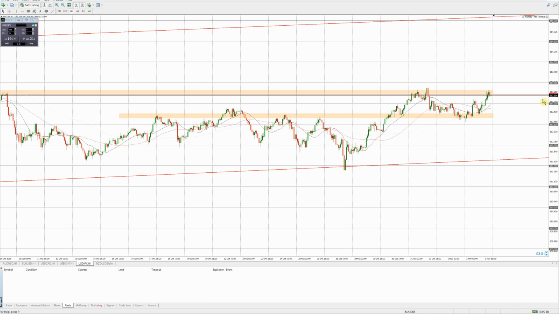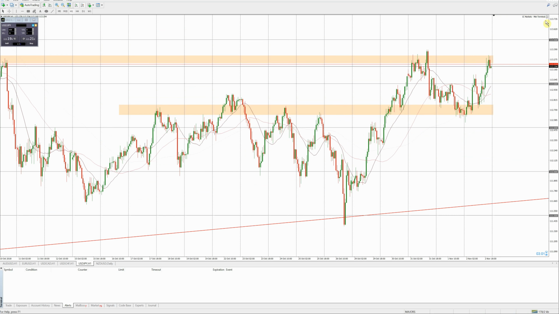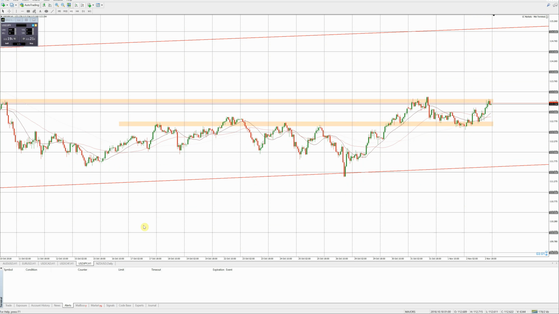Let's see if it can get past this resistance and go back up to the upper trend line, or if it goes back down and continues down to the lower trend line, and we can look for in-line trend opportunities at those levels. Right? Good outlook for next week. Very clear outlook for next week.